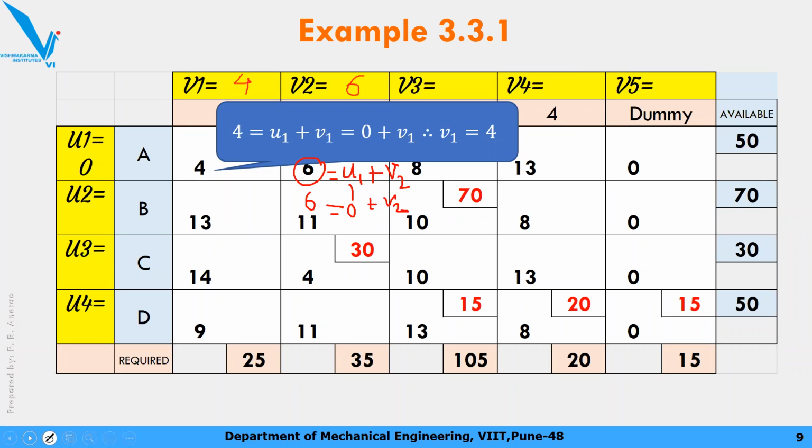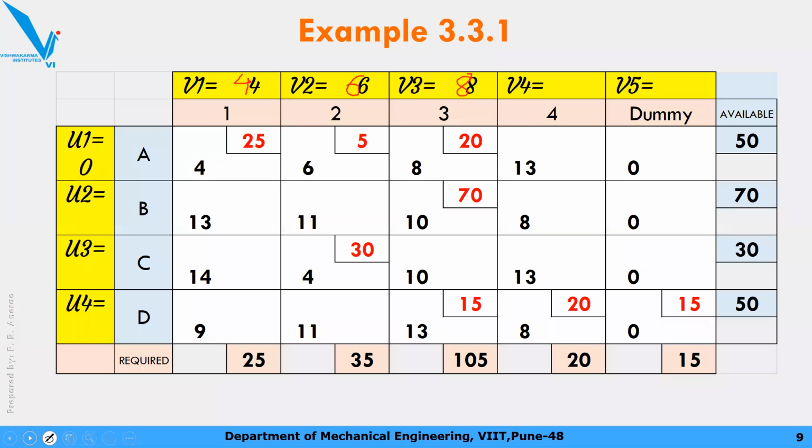Next, 8. The next allocated cell is 8. So 8 equal to u1 plus v3. u1 is 0, so v3 becomes 8, right? So this way you complete the calculation for the values of v1, v2 and v3.